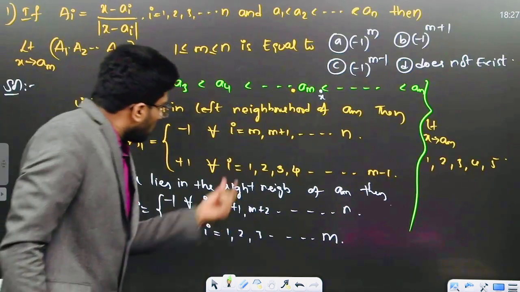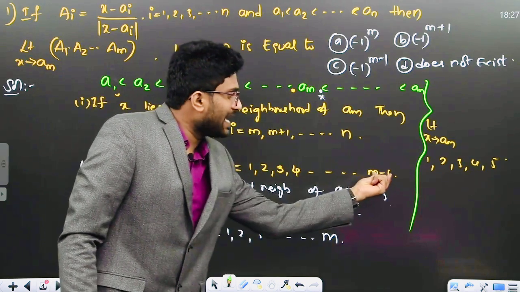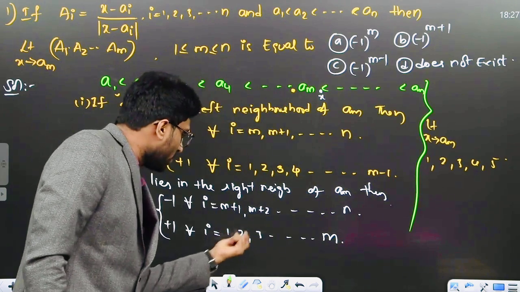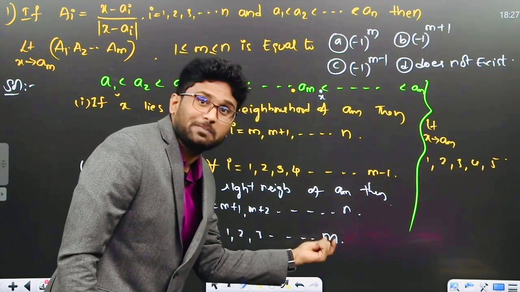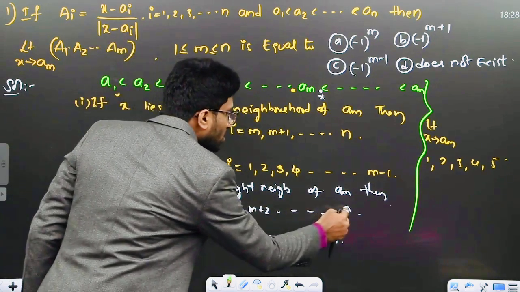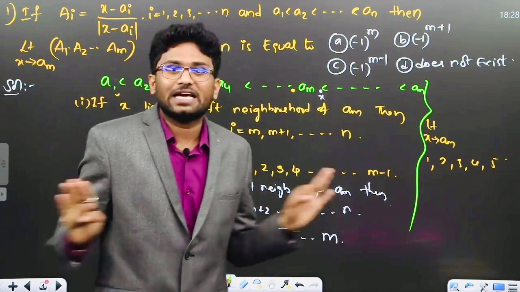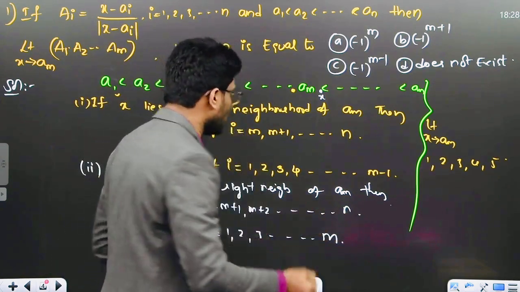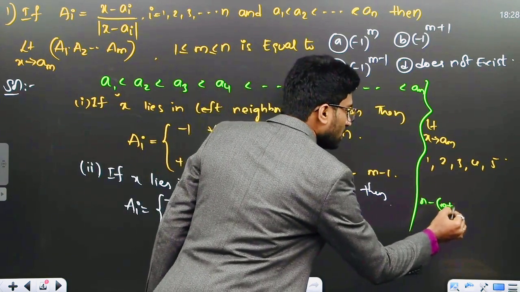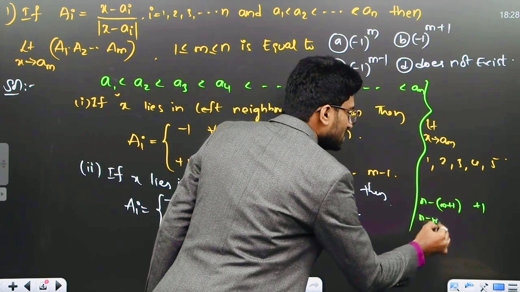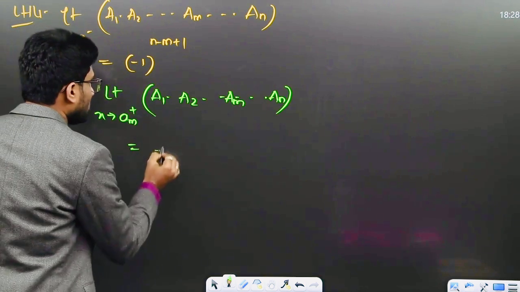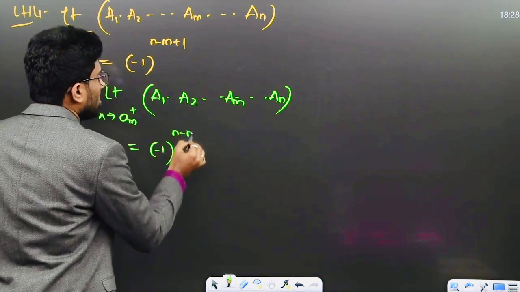From a1 to a2 and so on till am minus 1, and till am you get plus 1. From a1, a2, a3 and so on till am you get plus 1. Now from am plus 1, am plus 2 and so on till n you get negative 1. So how many minus ones do we get? Last minus first, add 1 to this. So n minus m minus 1 plus 1. Then you get minus 1 whole raised to n minus m.